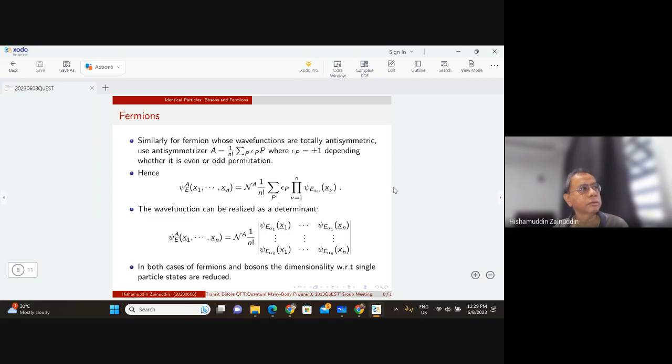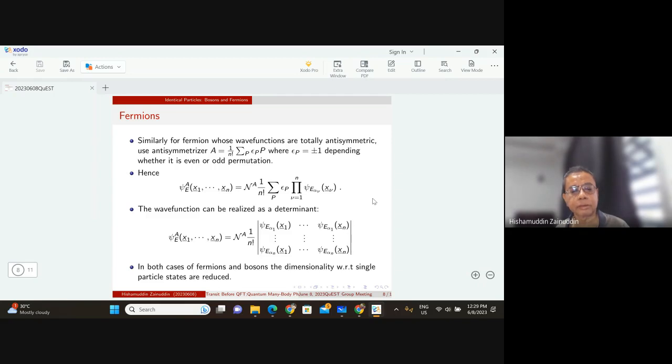Now, why do we want to do this? First, of course, you have the permutation symmetry that must be obeyed by the particles themselves, but you also simplify the dimensionality of the Hilbert space.